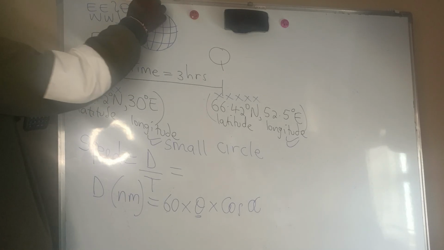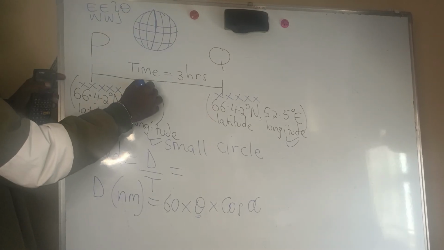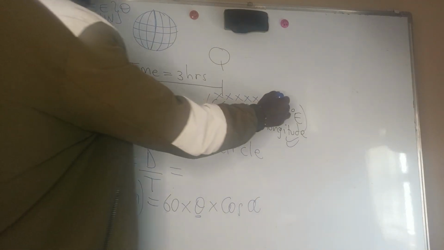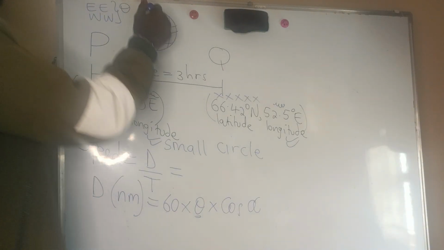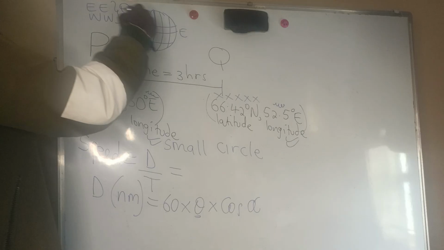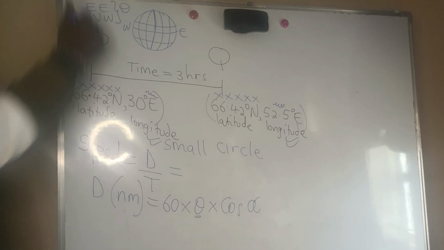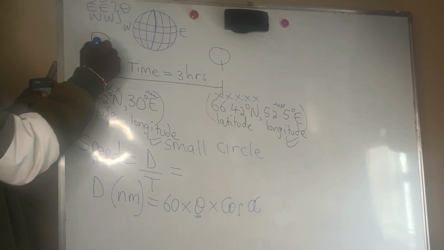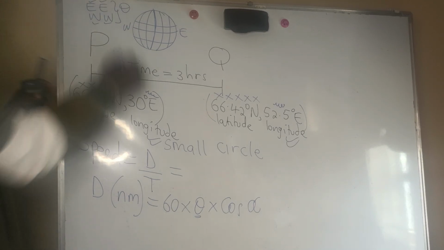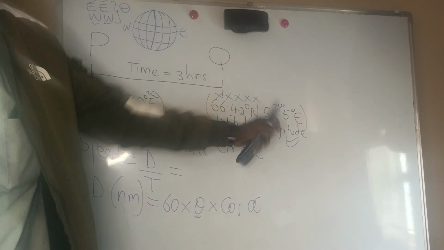If this is our prime meridian, and we have 30 degrees east and 52.5 degrees east, then this is the western region and this is the eastern region. So they are both found on the eastern part of the prime meridian. If they are in the same hemisphere, east-east or west-west, then you just subtract the 2 to get theta.